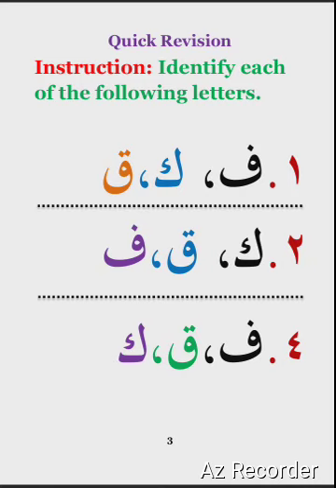Remember to pronounce Kafun with letter K, not letter Q. Qafun is pronounced with letter Q, and Kafun is pronounced with letter K, as in Kabir. I hope you understand.